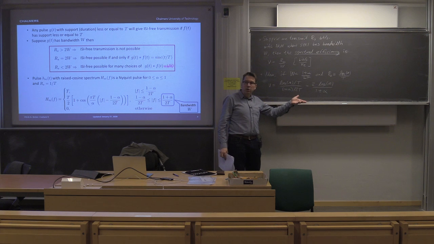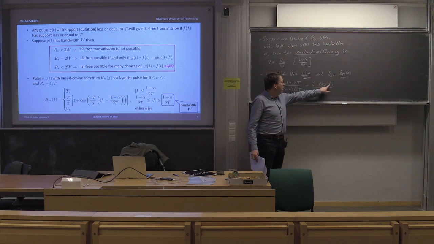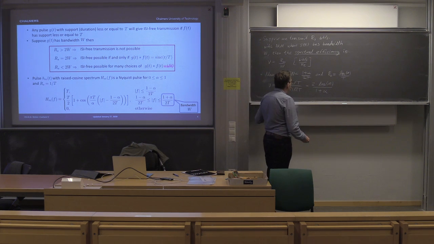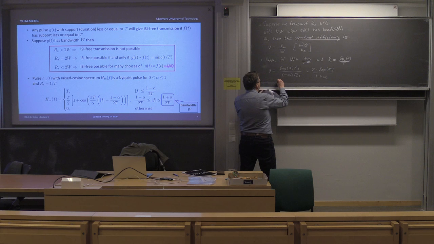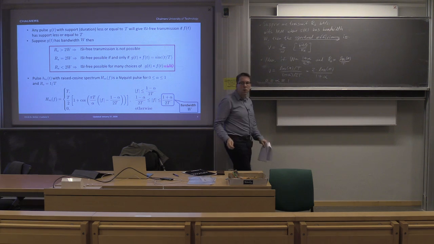So if we want the spectral efficiency to be high, what can we do? Well, we have M and alpha here. How should we choose alpha for the spectral efficiency to be high? Alpha is a number between 0 and 1.